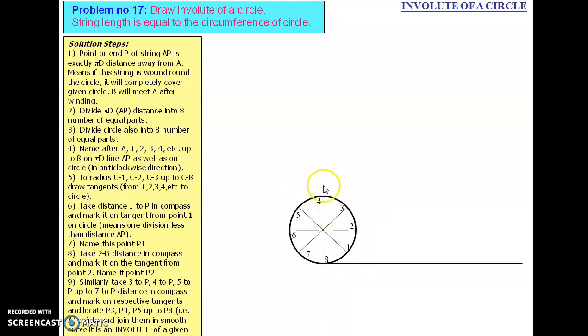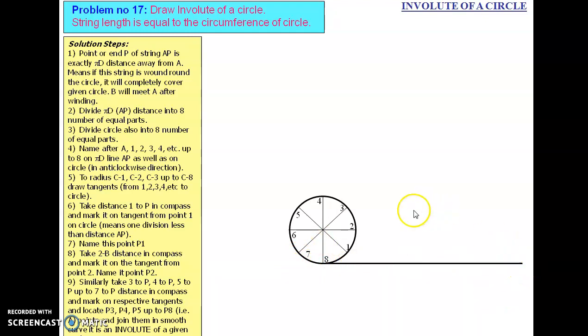Suppose 50 is the diameter of the circle, so this string length will be 3.14 into 50. If this string is wound round the circle, it will completely cover the given circle. So this is the point A and this is the point B.